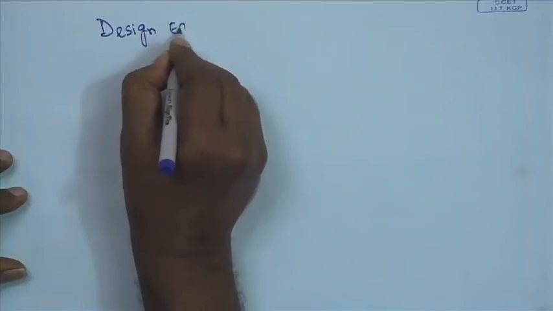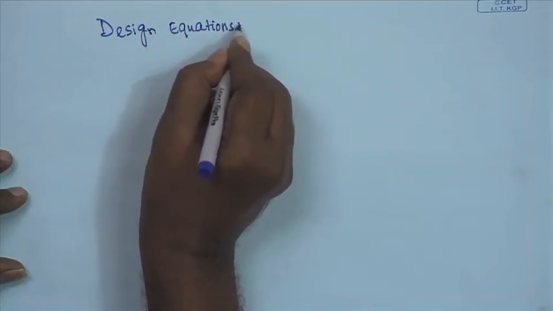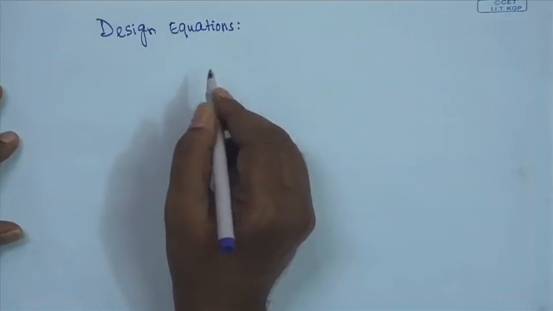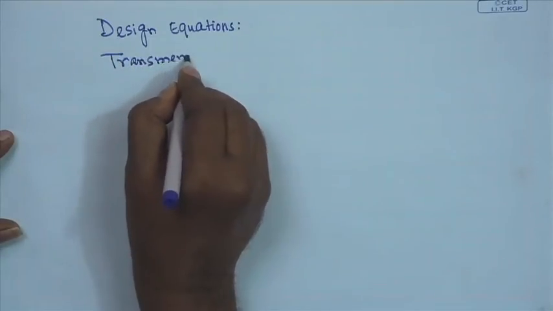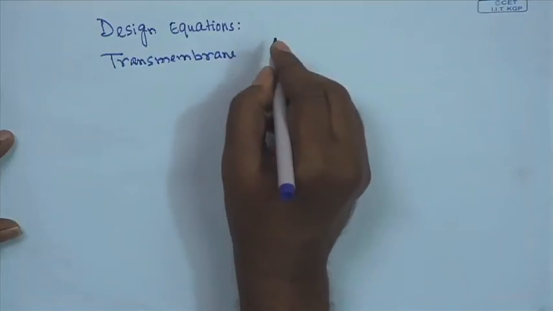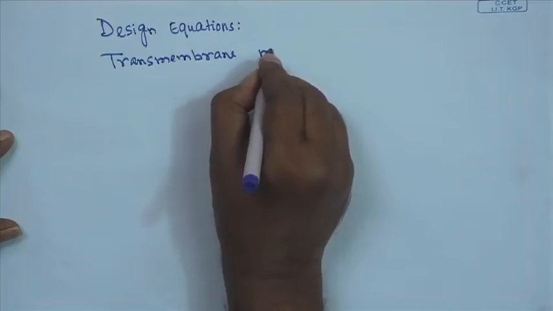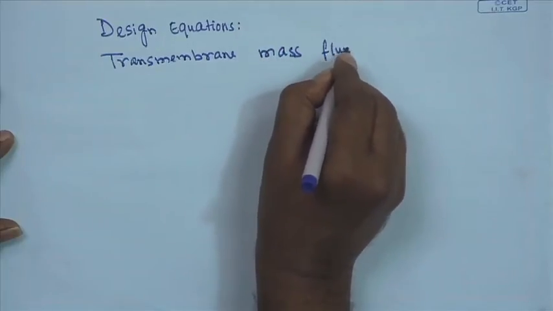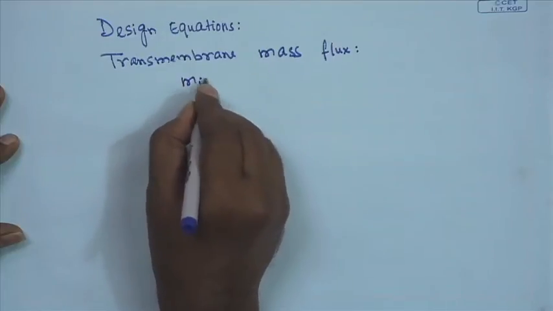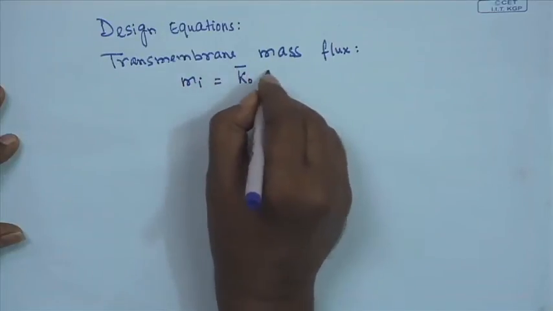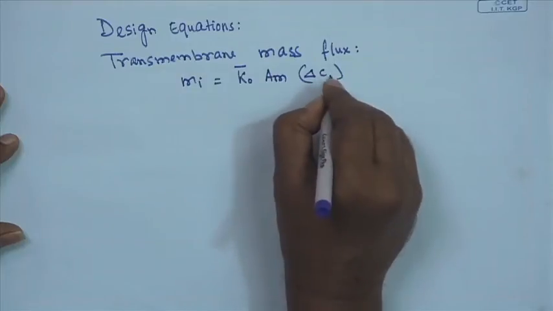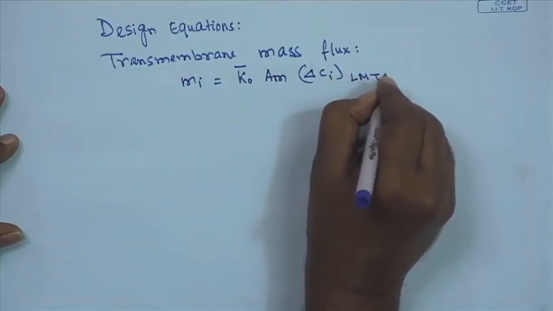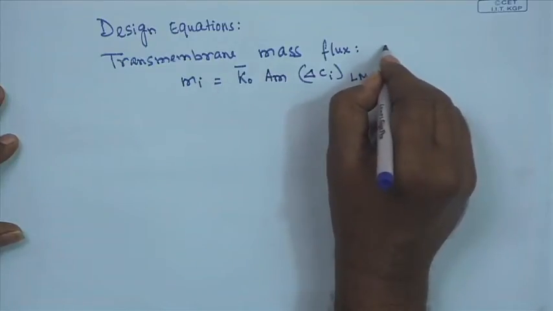The design equations for a continuous counter current dialyzer: the transmembrane mass flux of the species will be m_i equals K0 overall, A_M is the membrane area, delta C_i LMTD. We are writing the mass flux of the ith species.